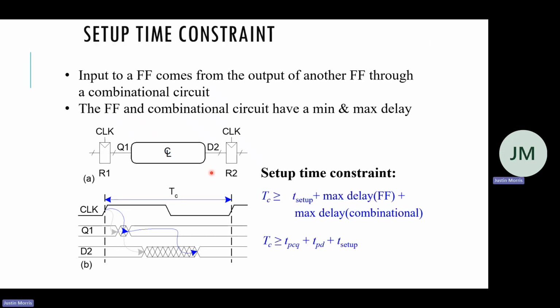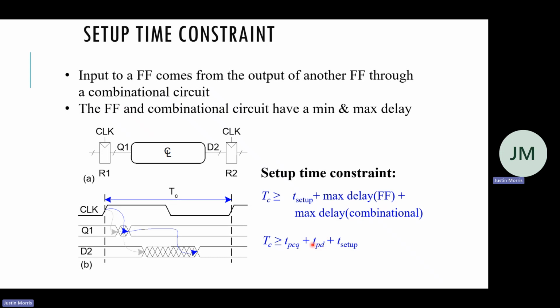So here is our setup time constraint. We have that the clock period needs to be greater than or equal to the setup time plus the delay of the flip-flop that the signal is coming out of, plus the delay of the combinational circuit part. And if you wanted to order it in the way that it would occur in real time, the first thing that happens is propagation clock to Q from the first register.